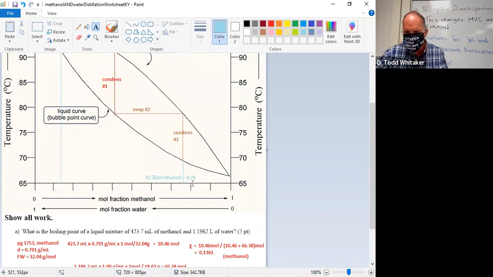So B, it's a lot more high percent methanol, isn't it? We went from 0.136 to 0.76. Vast improvement, right? And then the answer for C is just read it from here across.